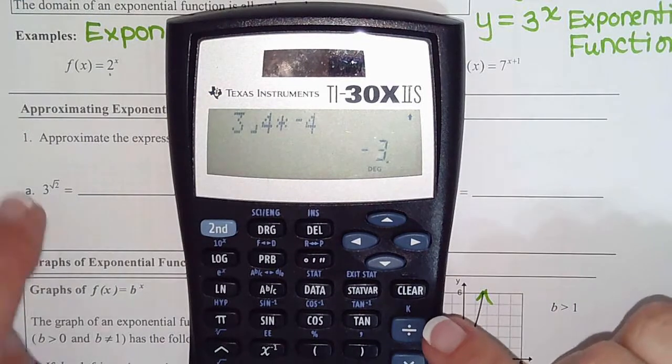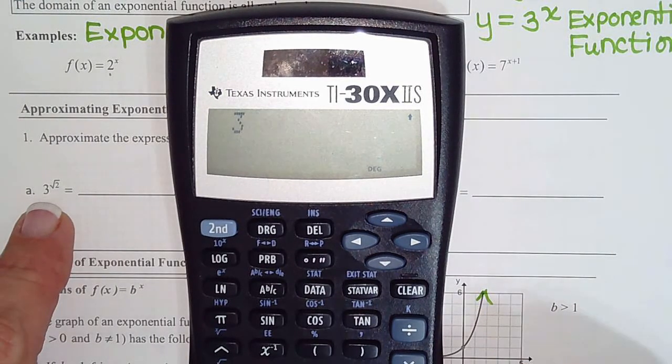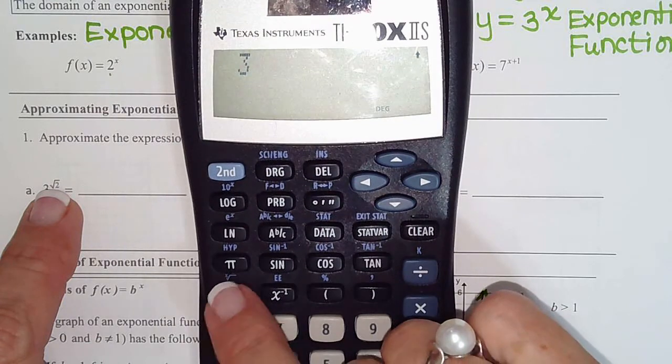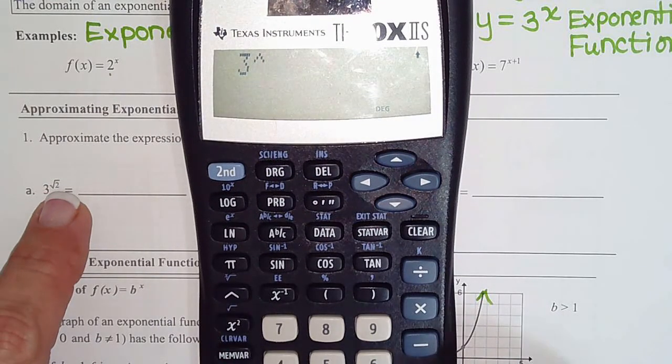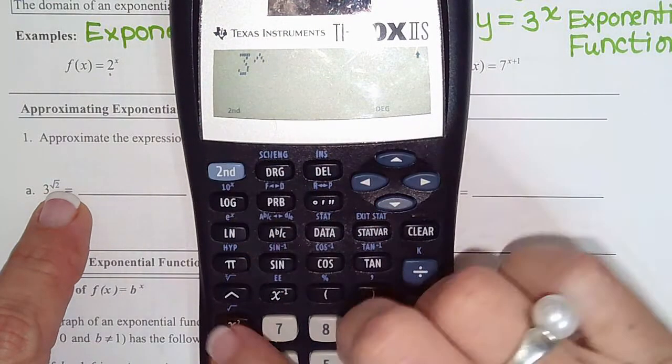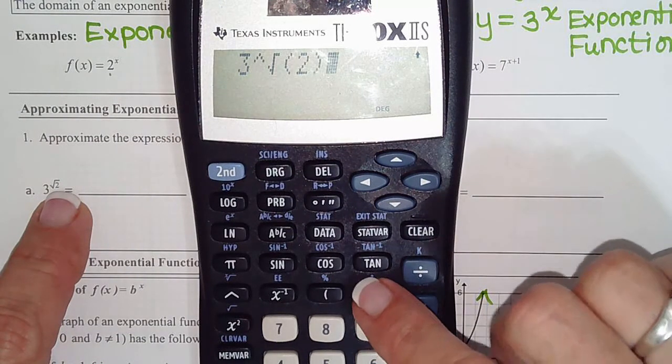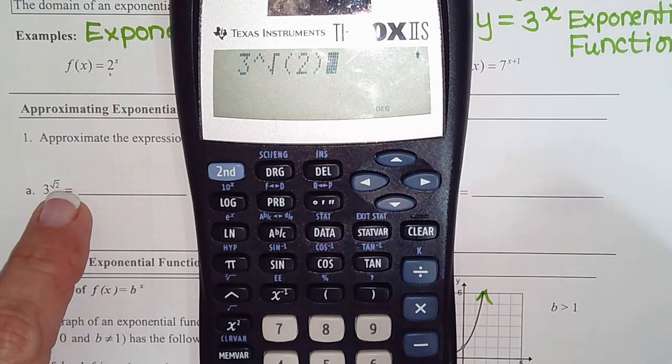Okay, so this first one we're going to do 3, and it's an exponent, so we use the caret key. So caret, and then it's square root 2. So we do second x squared to get the square root symbol. Then we do our 2, and then we close it to tell the calculator that's the end of the exponent.